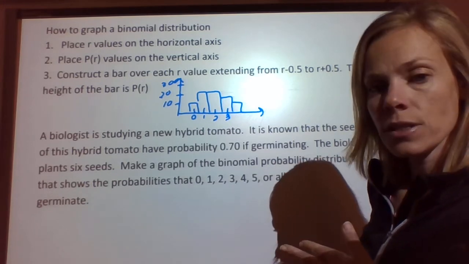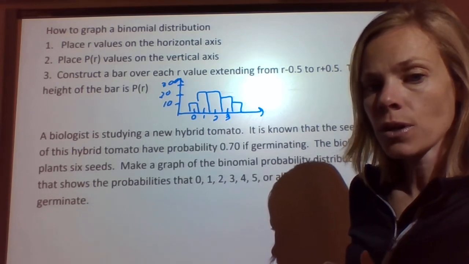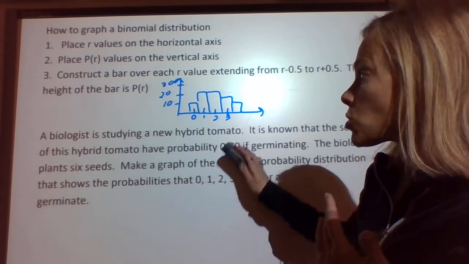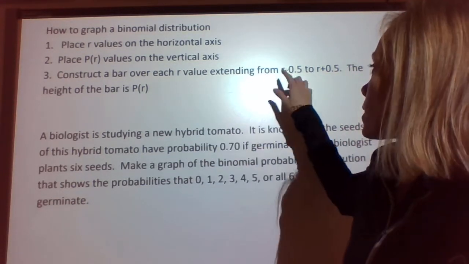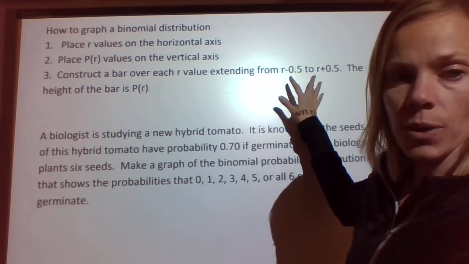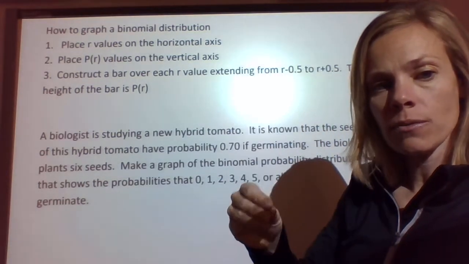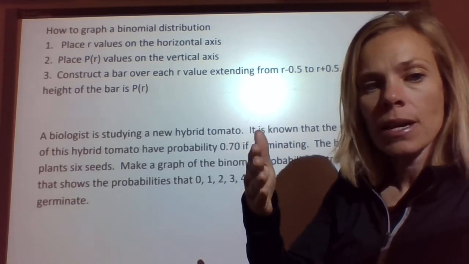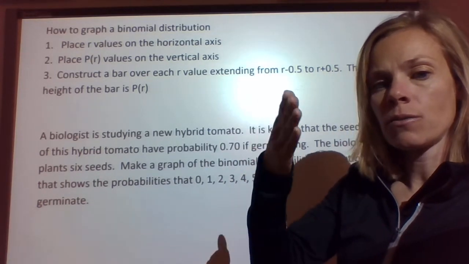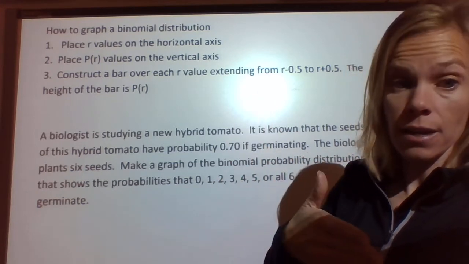So it's going to look very similar to the histogram we've done before. Since this is a discrete variable, not continuous, you extend by a half either way, but a bar is going to represent 3 of the 5 puppies. You can't have 3.2 puppies. So each bar is going to represent that R out of the N.